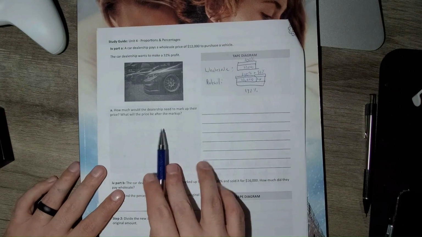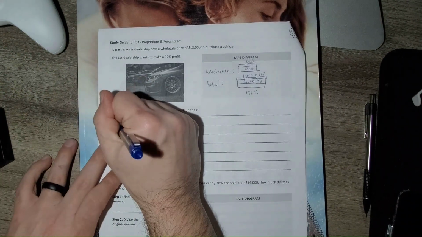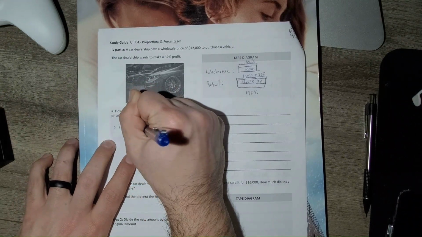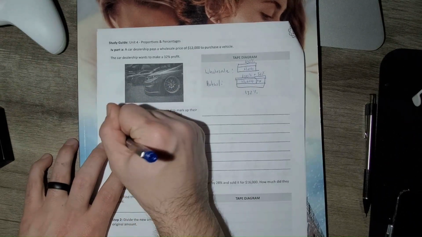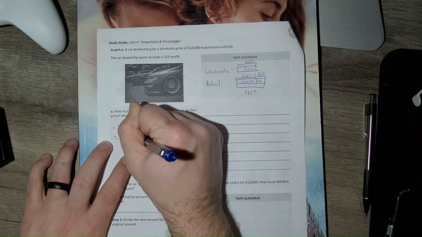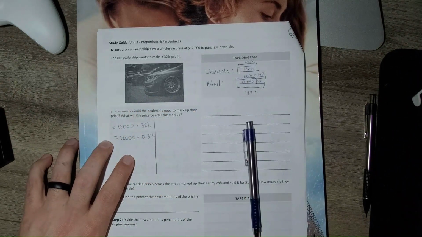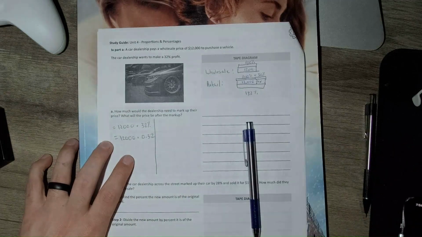And so how much would they need to mark up? Well, here we can just do 12,000 times our markup of 32%. That becomes 12,000 times 0.32, which just gives us 3,840.